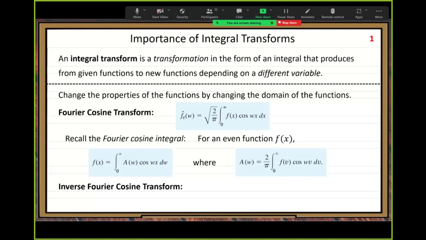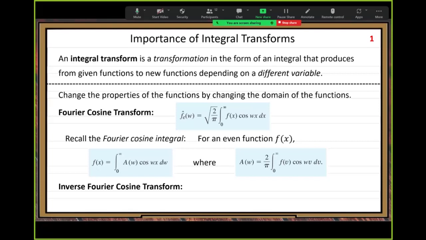Remember that when we have the Laplace transform, we also have the inverse Laplace transform. Otherwise, think about it: if you only have the Laplace transform and you don't have the inverse, you solve your ODE in a different domain, but you cannot get back to the original time domain, you cannot get the original solution.